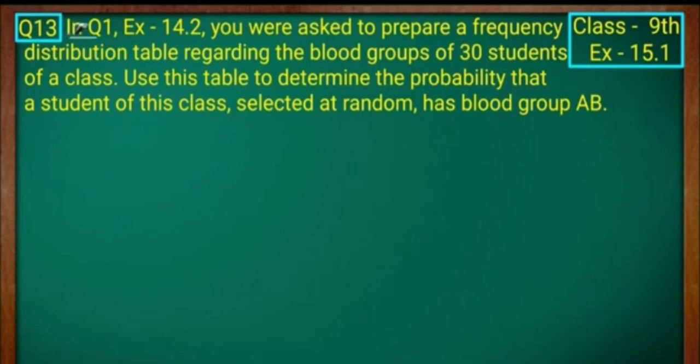Then coming to the next one, in question 1 of exercise 14.2 you are asked to prepare a frequency distribution table regarding the blood group of 30 students of a class.